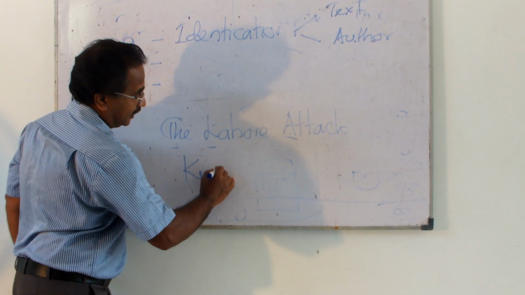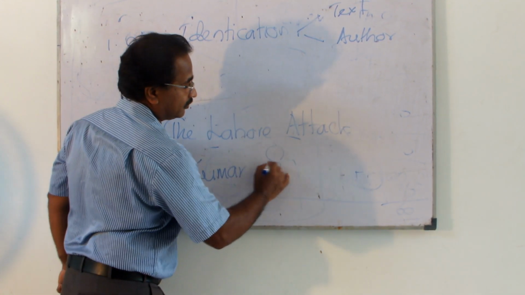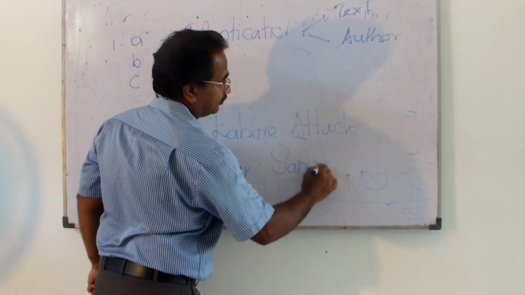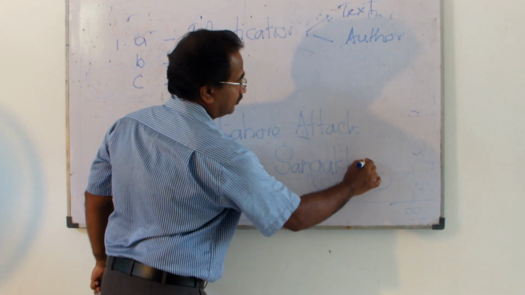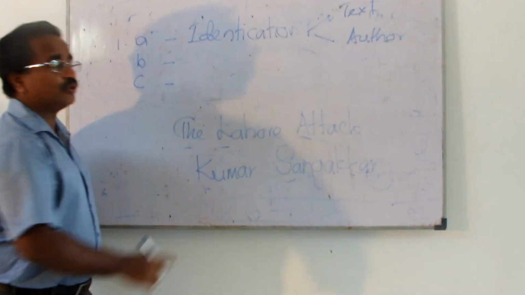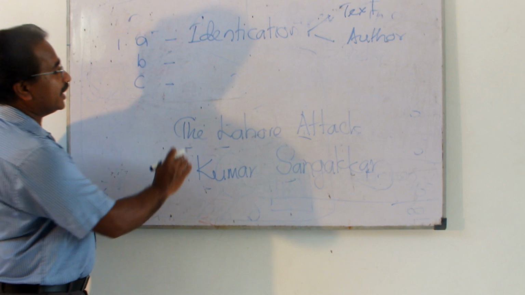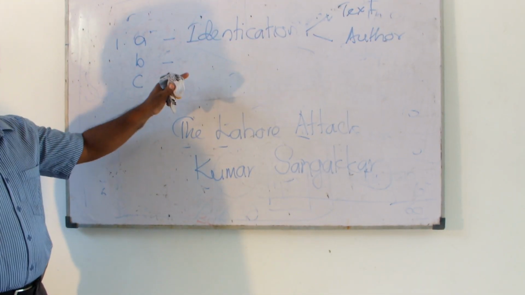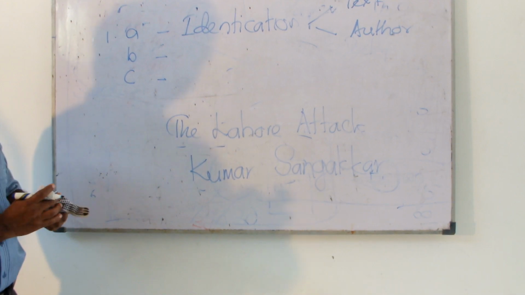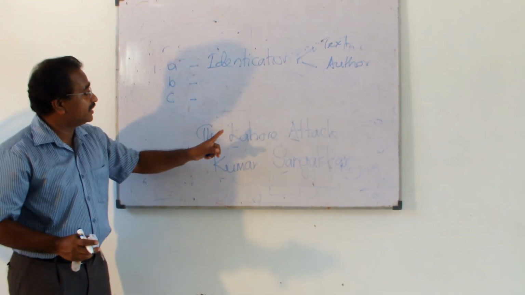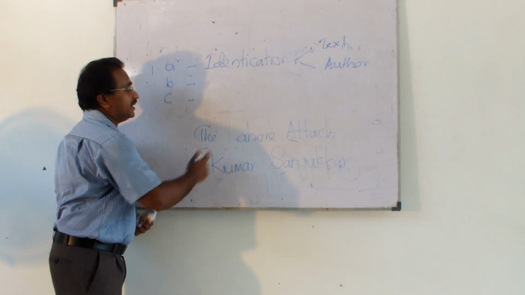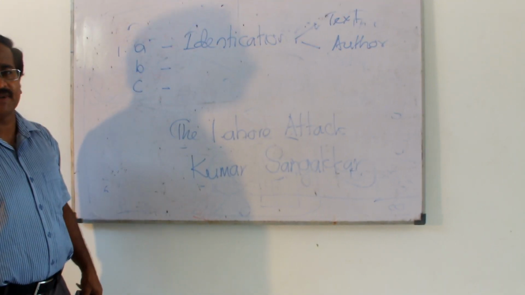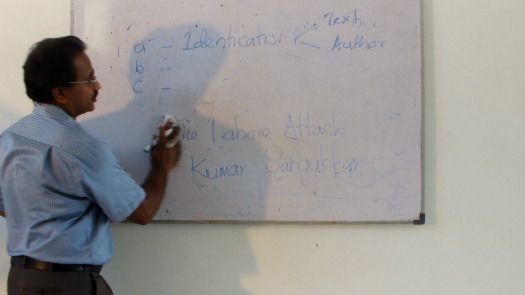Kumar Sangakkara. So you get marks. You get 1 mark for identification. If you properly identify, you get 1 mark. If you don't identify, if you write with a simple letter, one of the biggest issues that the students have is they write with simple letters, so they don't get marks.